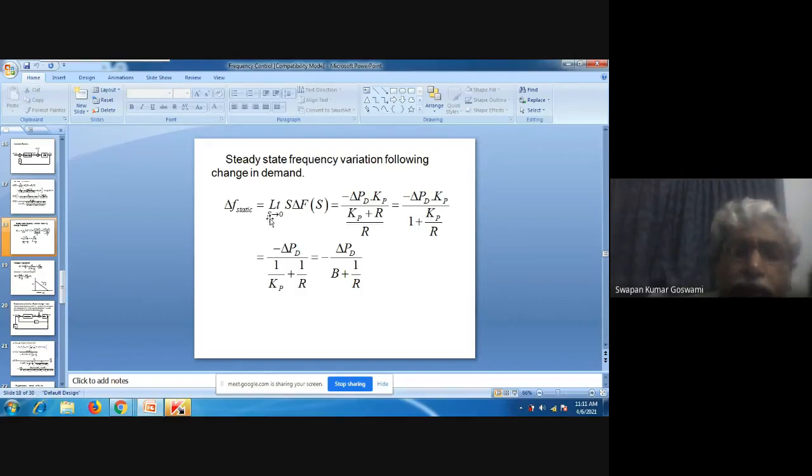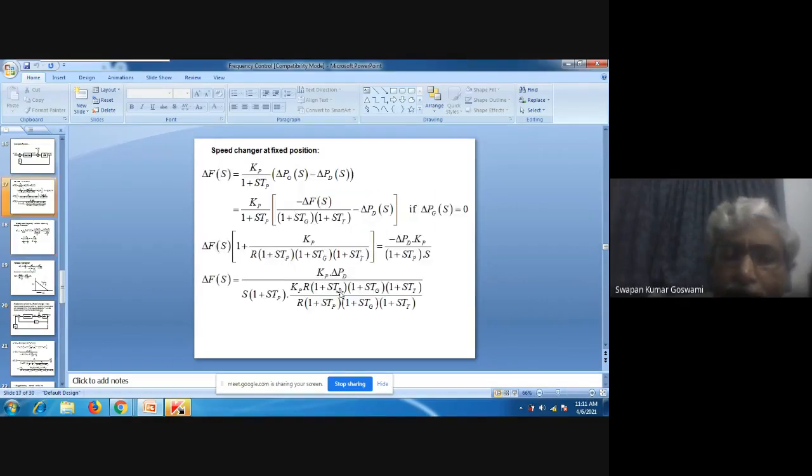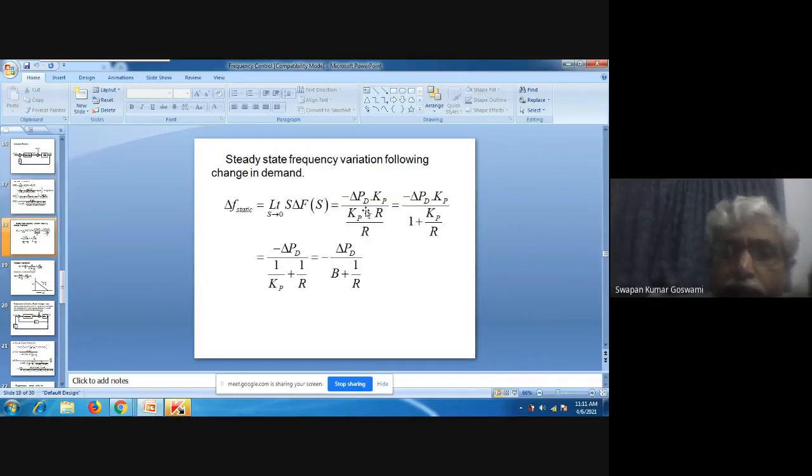So limit s tending towards 0, s times del fs. If you do it, you will be multiplying this by s, this s and this s will be cancelled out, and put all other s to 0. This will be 0, this is 0, this is 0. So finally you will get this expression: minus delta Pd into Kp by Kp plus R by R.